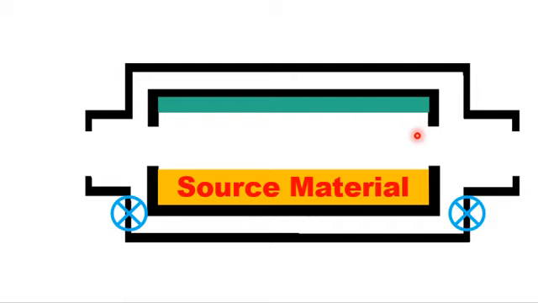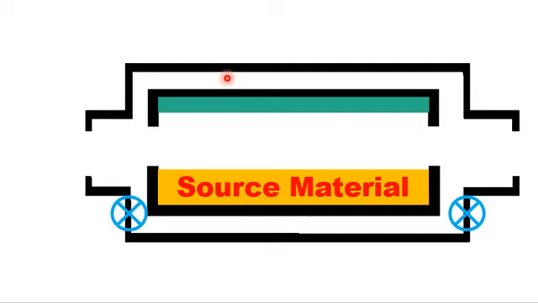At such a low pressure, they will cause a very good quality film deposition onto the surface of the substrate. So dear student, please note that it depends on you how you design your closed space sublimation apparatus. The thin film is basically deposited onto the surface of the substrate.